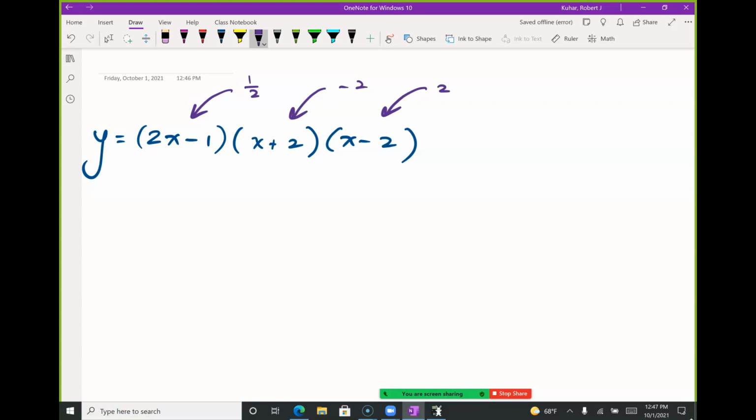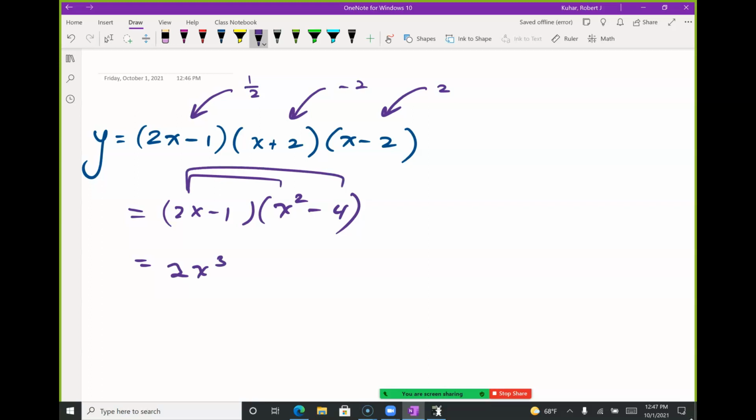So let's see if those things come up when I start FOILing this thing out. So this is 2x minus 1 times x squared minus 4. And then I'm going to FOIL this out. I get 2x cubed minus 8x minus x squared plus 4.